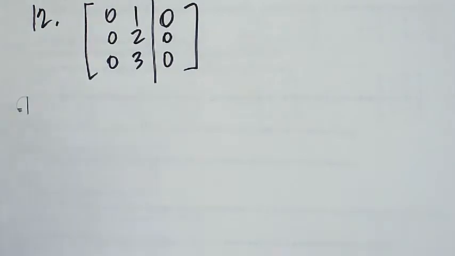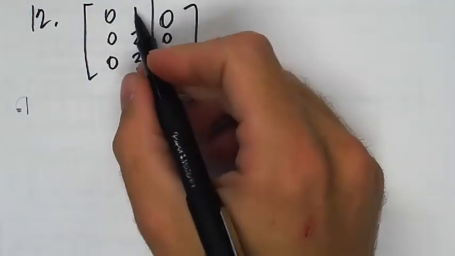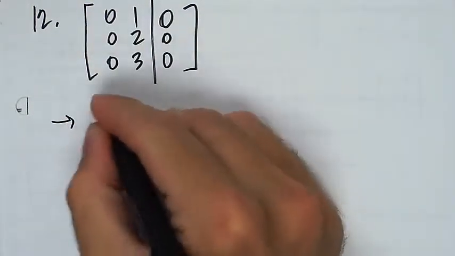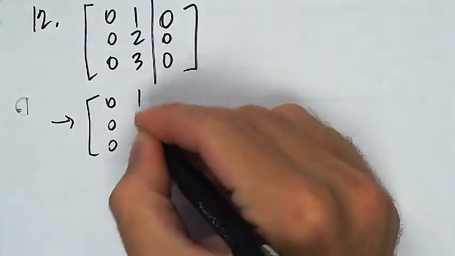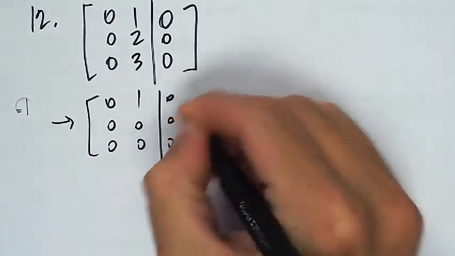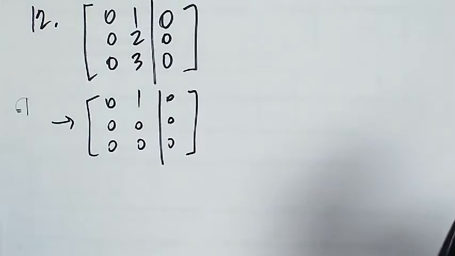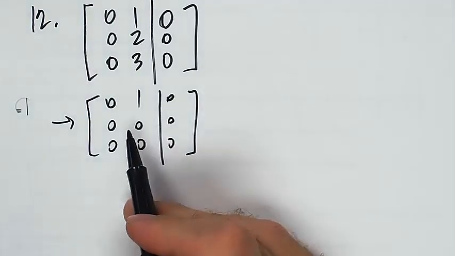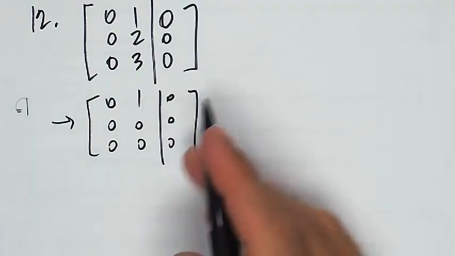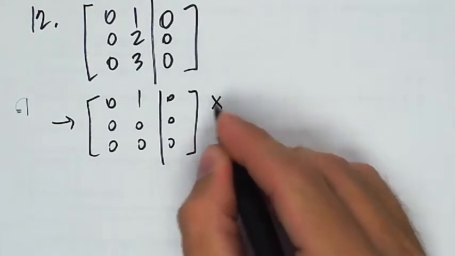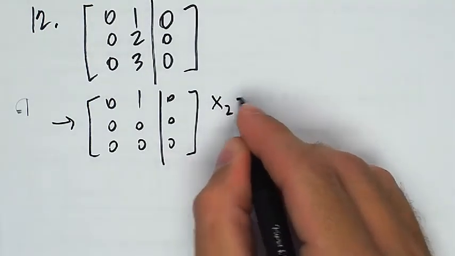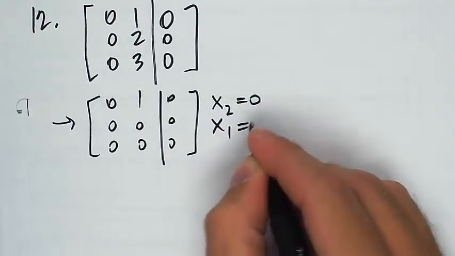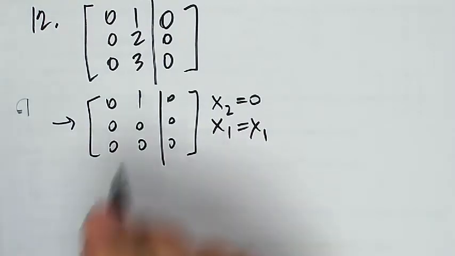I like this one, number 12. This one's interesting because I'm going to use this 1 to clear out the 2 and the 3. Okay, and that's all I'm left with, right? That's interesting. So what I'm going to say is, well, for the null space of this, all that has to happen is x2 equals 0. x1 can be whatever it wants to be.